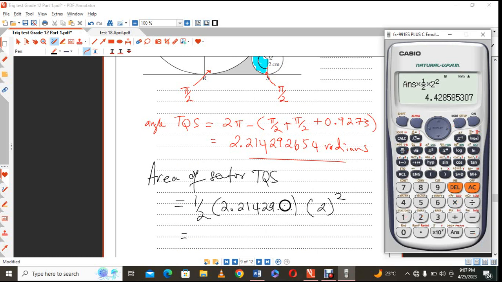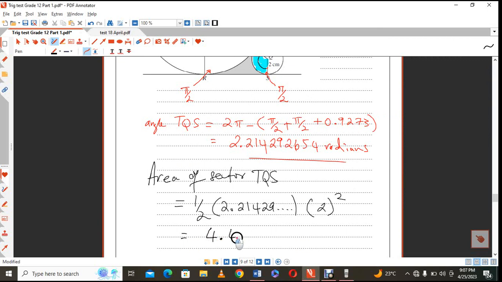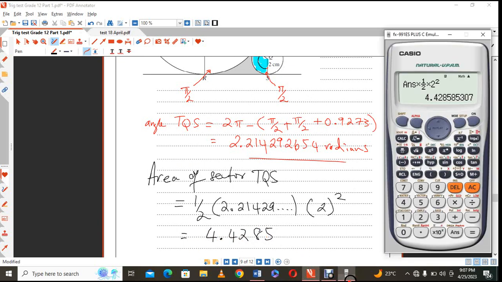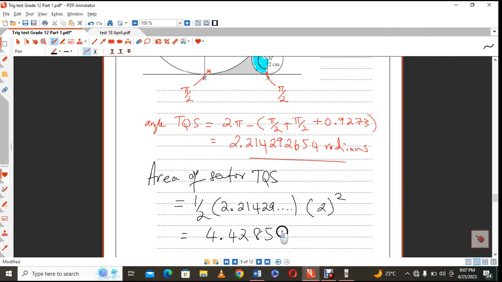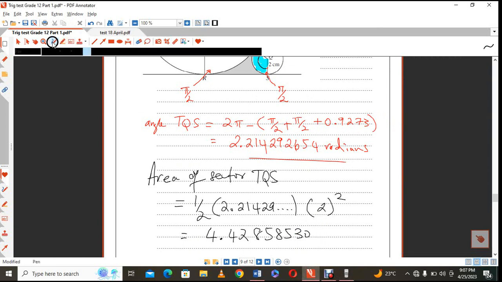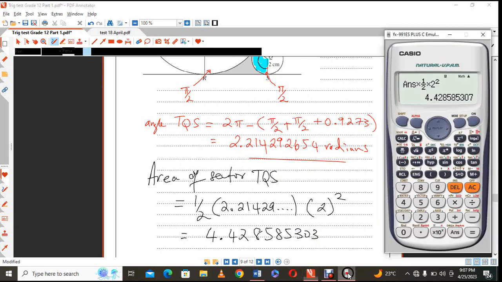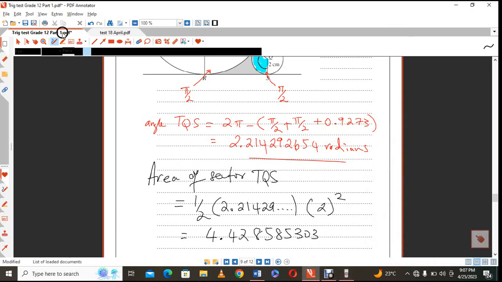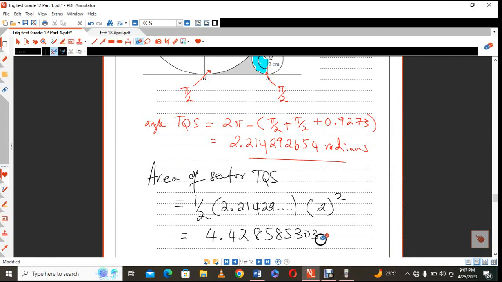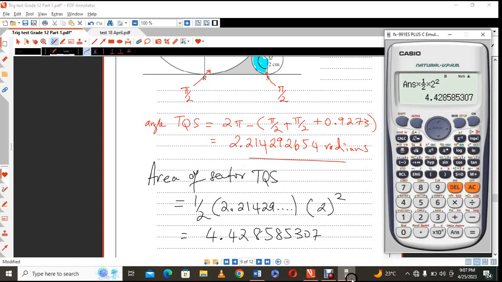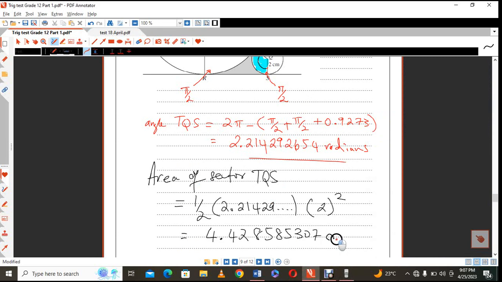Well, you get 4.428585307. Okay, so that is the area, in centimeters squared.